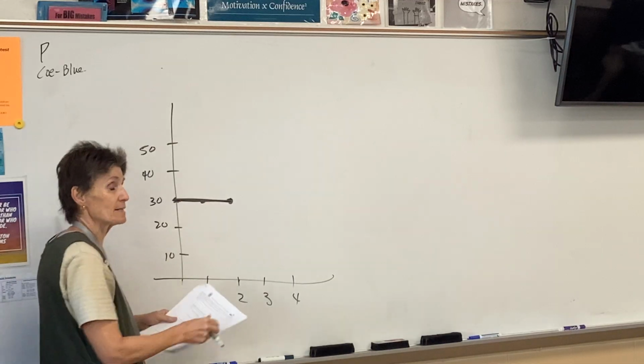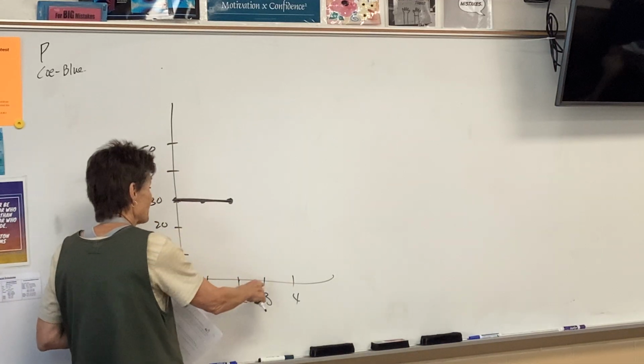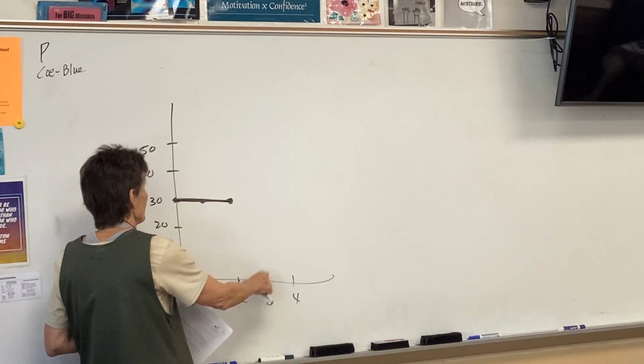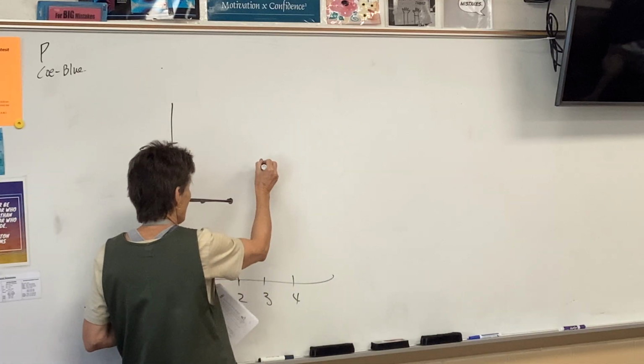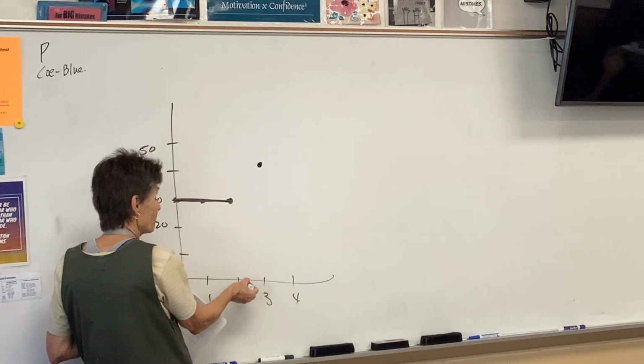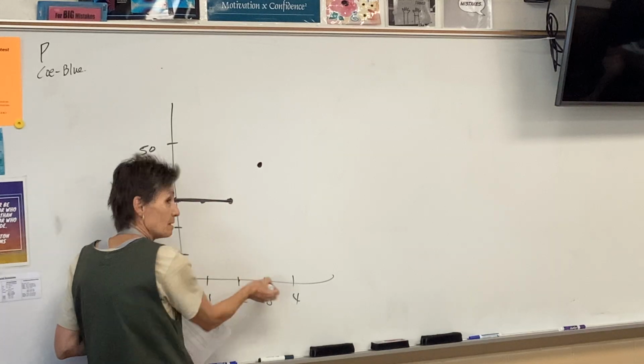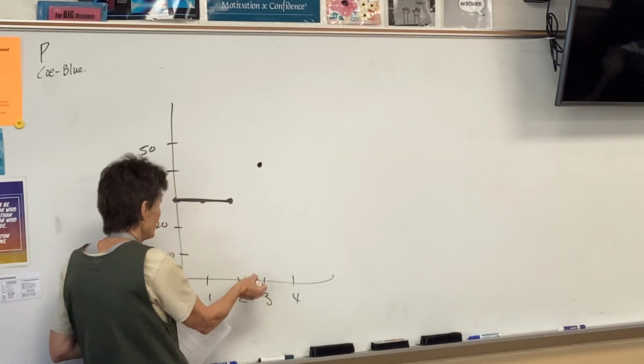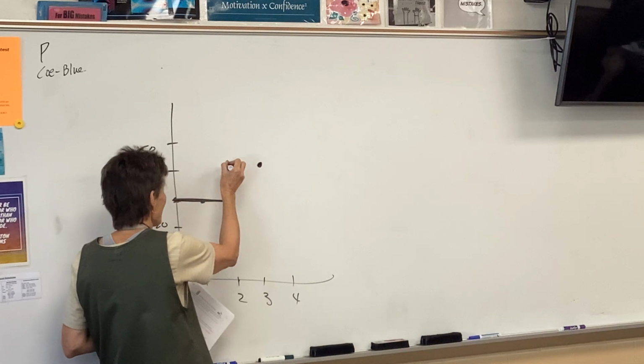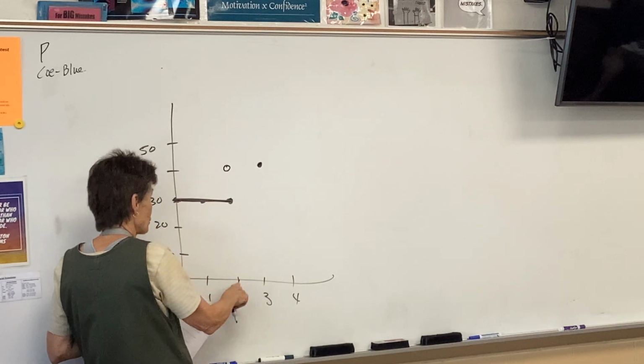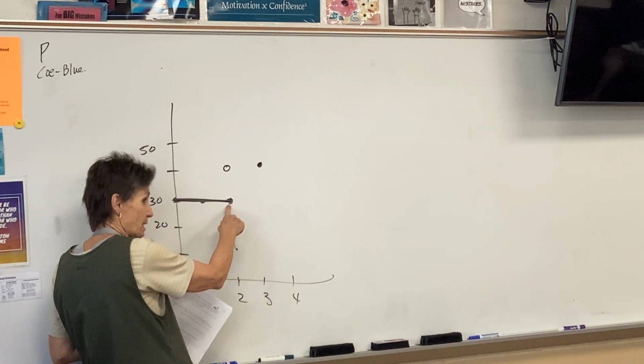But then what happens after that? What happens if I use 3? Then I'm doing 40. And in fact, aren't I doing 40 for anything between 2 and 3? So I'm going to put an open dot there at 2, because at 2, I pay $30.